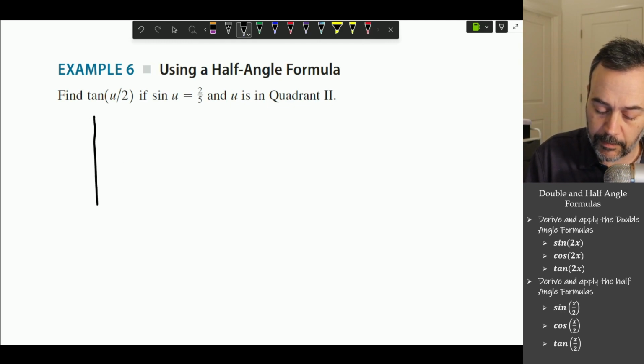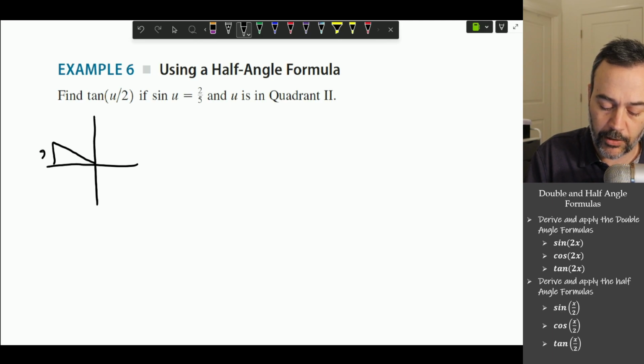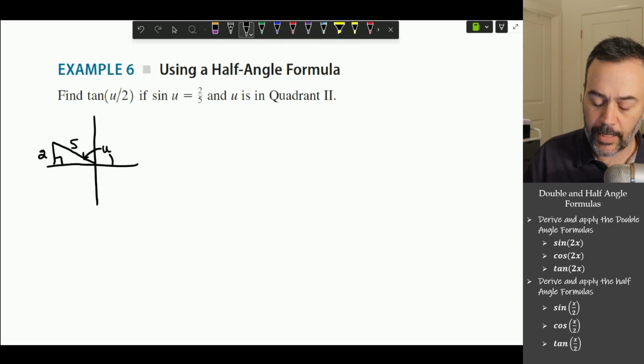So this is similar to one we did earlier. If sine is 2/5, that means the y coordinate is 2 and the hypotenuse is 5. So it's got to be a little bit shorter. This is 2 and this is 5, and our angle for u is this.